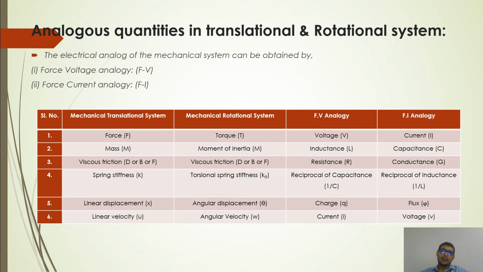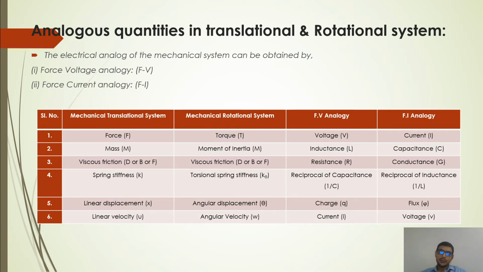Now, comparing analogous quantities, in a similar fashion, electrical quantities can also be equated to my mechanical equivalent systems. Just like while considering the objects, the force is equated to voltage, or the force can be equated to current.